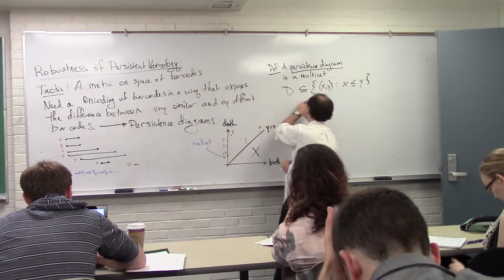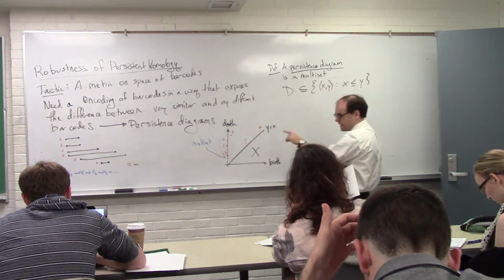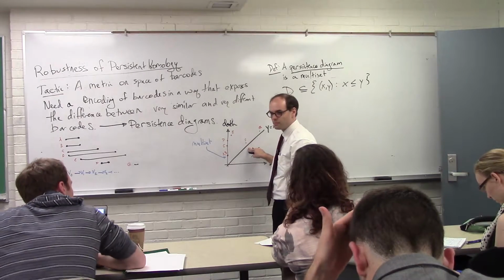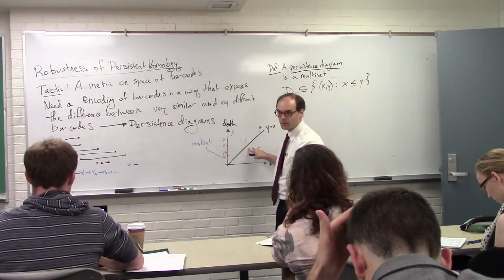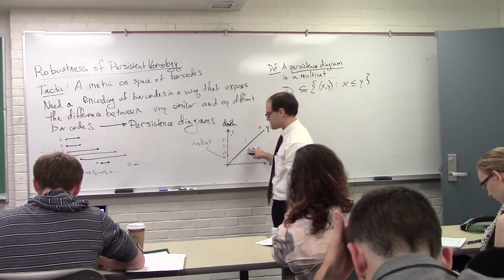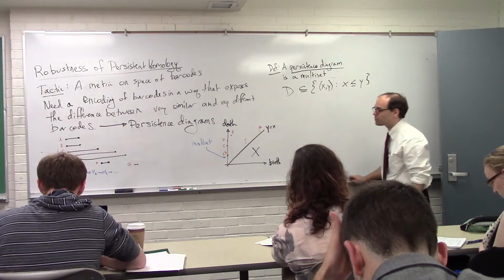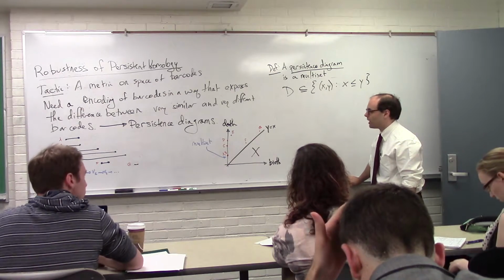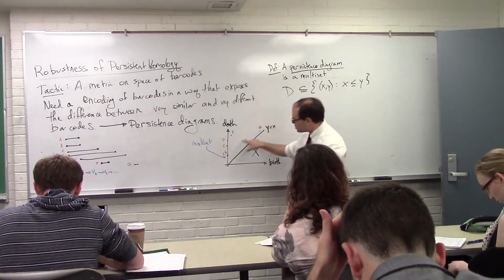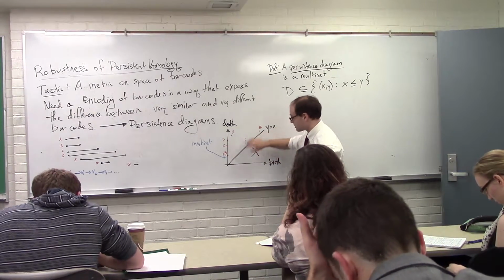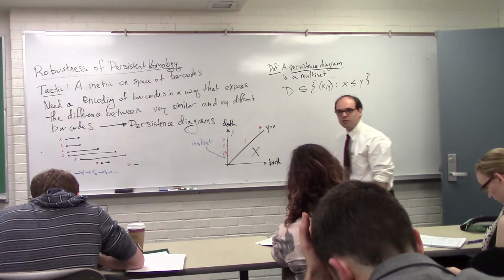That allows me to capture that. And what's interesting, let's look over there, those short bars are awfully close to this diagonal. Turns out, interestingly enough, if you play around with barcodes and persistent homology, you will realize that those points near the boundary of this region, the line y equals x, tend to come and go rather frequently.